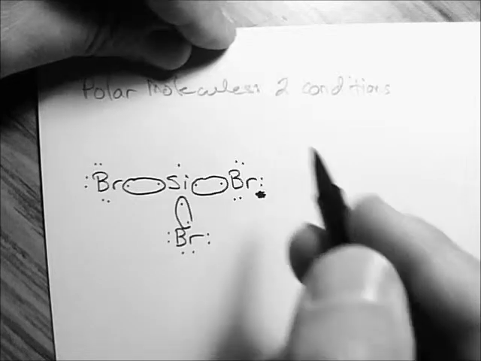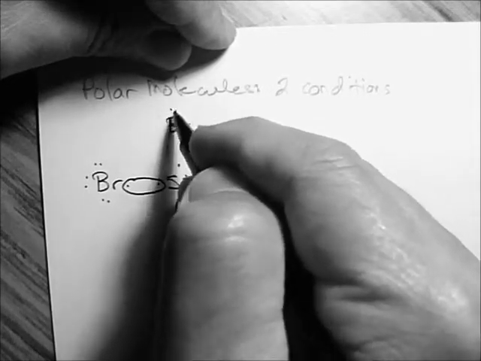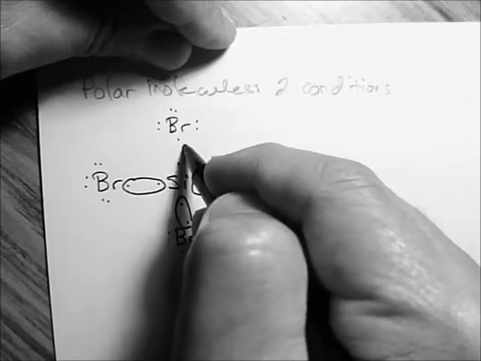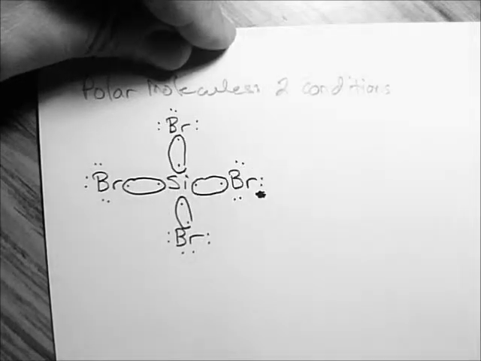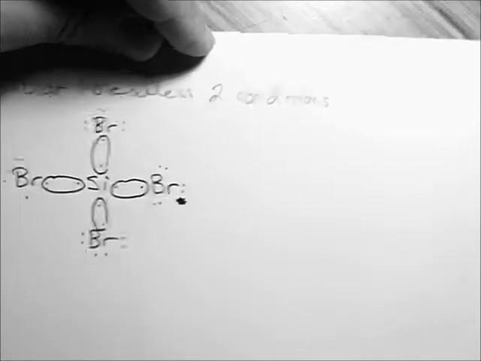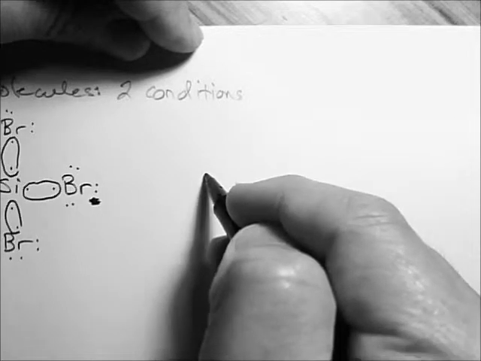It needs 1 more. So I'll put another bromine up here so that all these atoms have that octet of electrons, those 8 electrons that it wants to have. We're making a molecule. Sharing electrons is always making a molecule. Giving up electrons and gaining electrons is always ionic bonding.